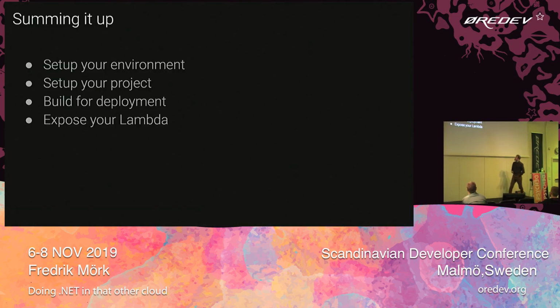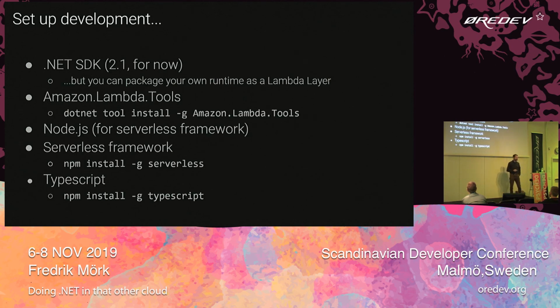So to sum it up, because there is really not more magic to it than that, these are the steps required essentially. Set up your environment, set up your project, build for deployment, that is the Lambda package command, and deploy it. And setting up the environment is essentially these steps. .NET SDK 2.1 for now.